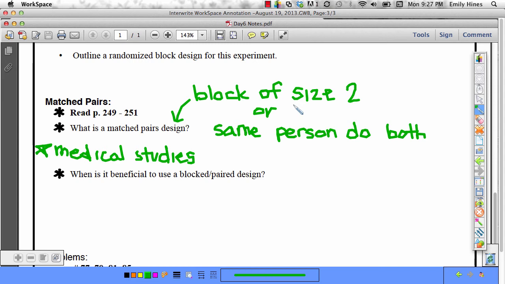Okay. So when is it beneficial to use the blocked paired design? When there is something you cannot control for. So if there is a variable that you cannot control for, you can block for it.